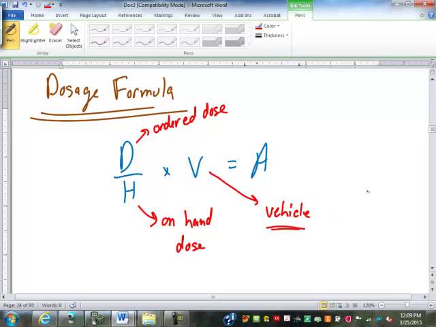The vehicle is what carries this on-hand dose to the patient. If it's a tablet or a capsule, let's say it's a 200 milligram capsule, the vehicle that carries that on-hand dose would be the 200 milligrams. The vehicle that carries that 200 milligrams to the patient is 1 capsule or 1 tablet. And A, that is the dosage that is going to be administered to the patient.